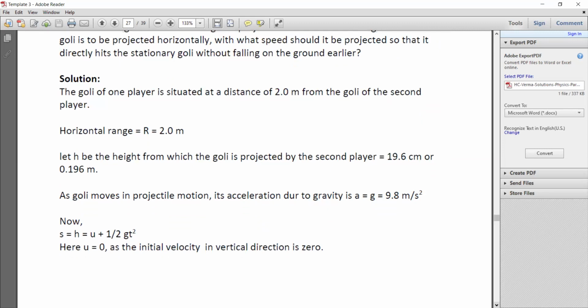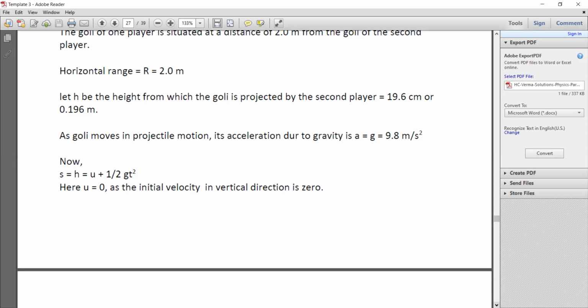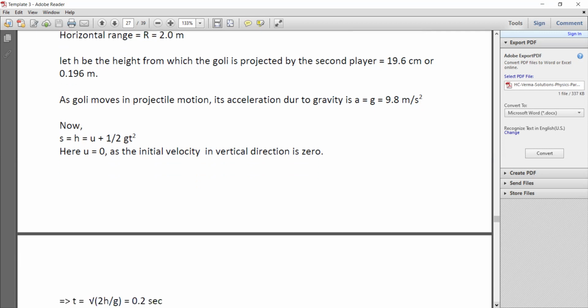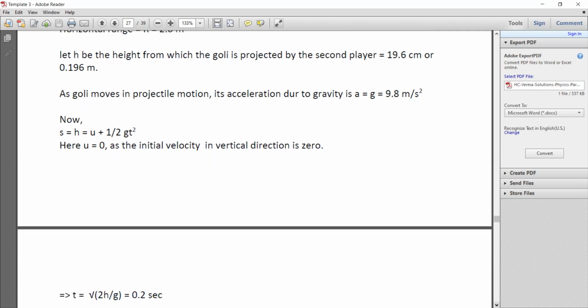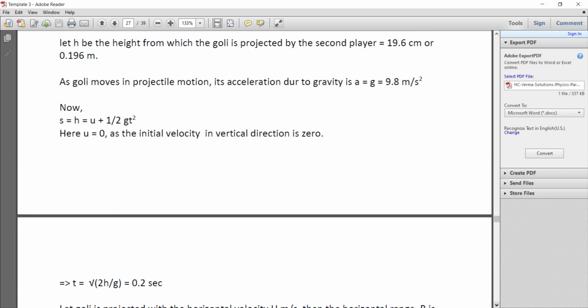The goalie of one player is situated at a distance of 2.0 meters from the goalie of the second player. Horizontal range R = 2.0 meters. Let h be the height from which the goalie is projected by the second player, 19.6 centimeters or 0.196 meters.